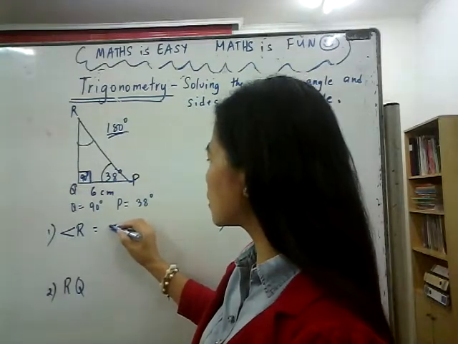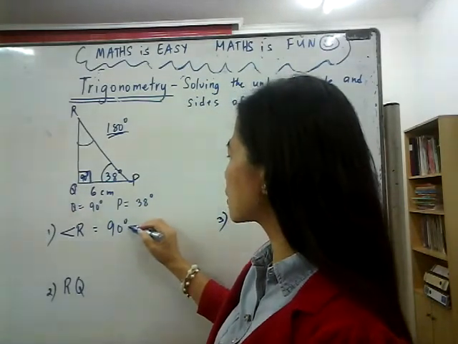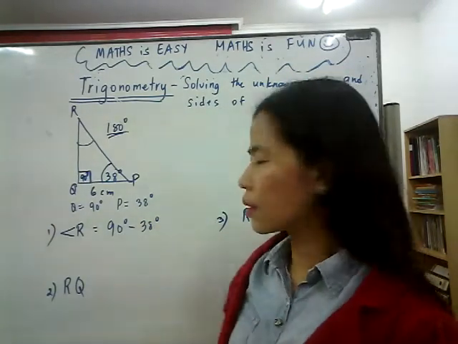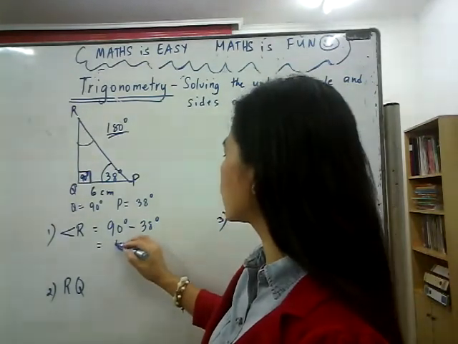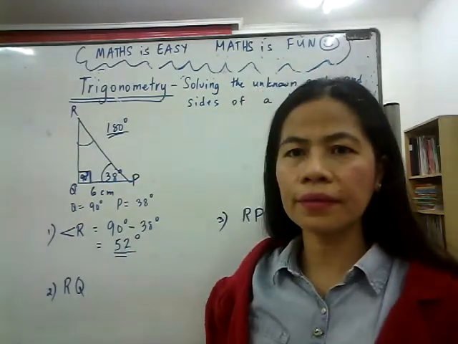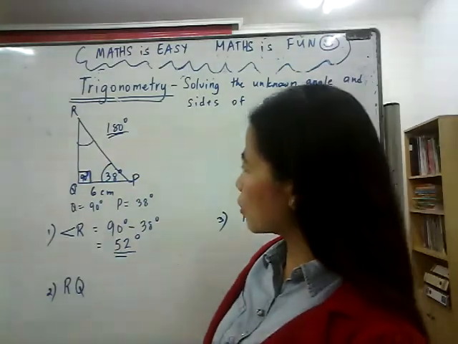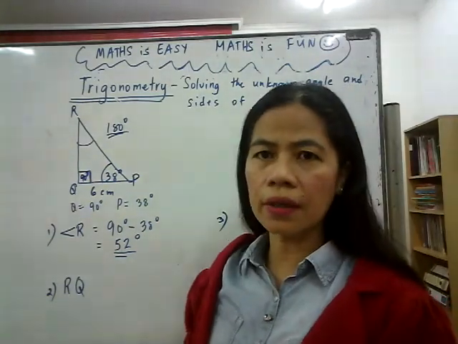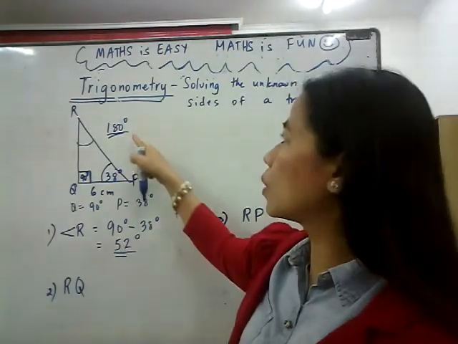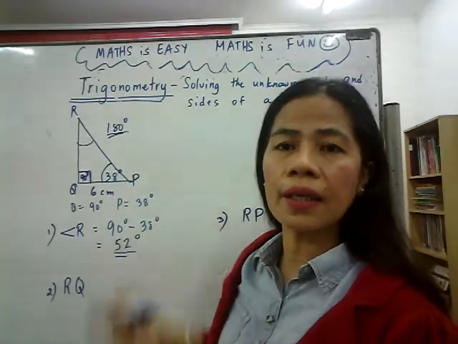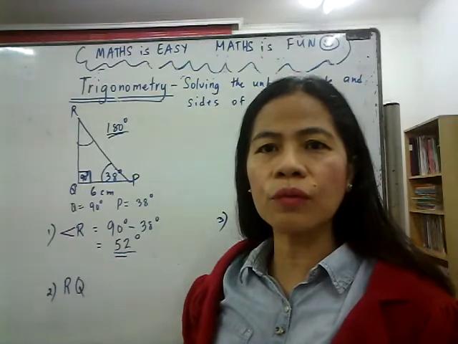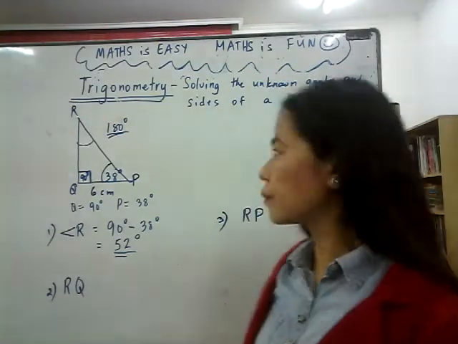So angle R is equal to 90 degrees minus 38 degrees, which is equal to 52 degrees. Okay, so if we add together our angles, 90 plus 38 plus 52, we have a total of 180 degrees.